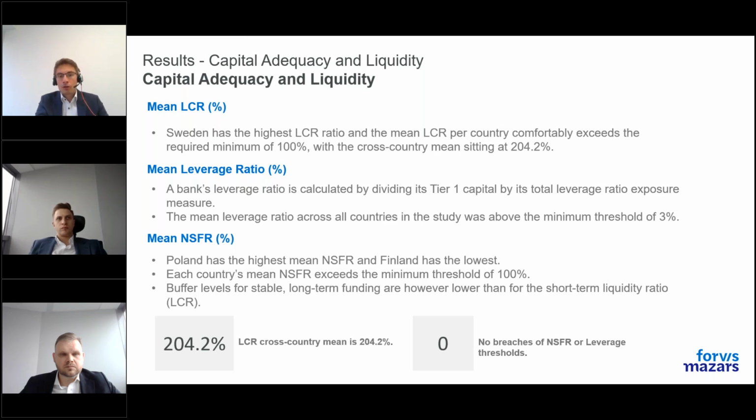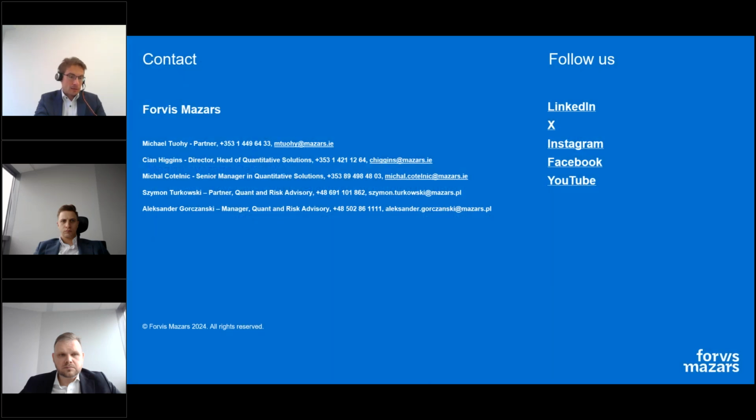However, not that much above those thresholds as short-term ratio. So we can see that long-term funding is probably more difficult to obtain, to secure, and that's why NSFR doesn't show that high buffer in comparison to LCR. No breaches of those factors, as already mentioned.